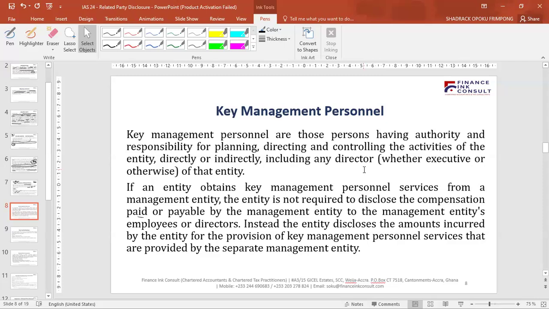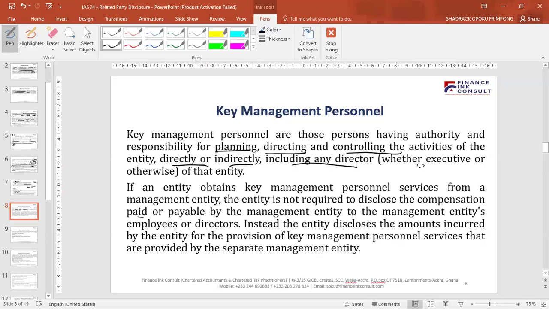And also with key management. Key management personnel are those persons having authority and responsibility for planning, directing, and controlling the activities of the entity, either directly or indirectly, including any director, whether executive or non-executive of that entity.